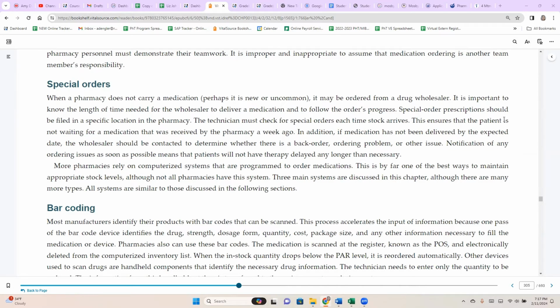This ensures that the patient is not waiting for a medication that was received by the pharmacy a week ago. In addition, if medication has not been delivered by the expected date, the wholesaler should be contacted to determine whether there is a back order, ordering problem, or other issue. Notification of any ordering issues as soon as possible means the patients will not have therapy delayed any longer than necessary.